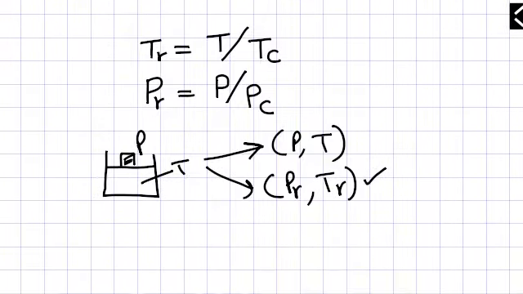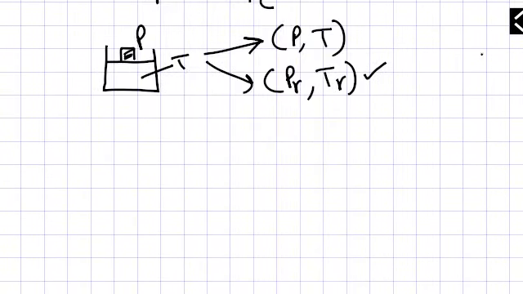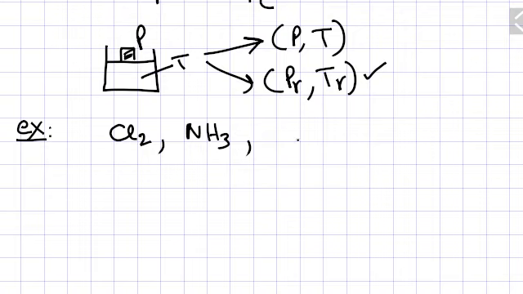We take a numerical example, and here we will take three gases, or you can say fluids: chlorine gas, ammonia, and one more gas, oxygen.